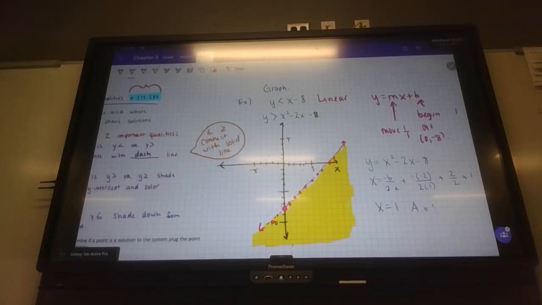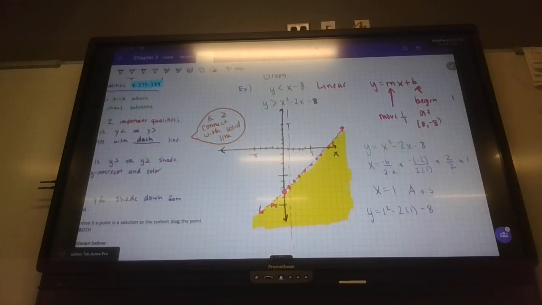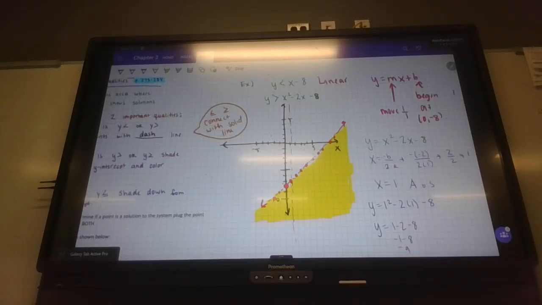That's the axis of symmetry, right there. And then I'll plug that in, and I get negative 9. So now I know the vertex is at 1, negative 9.